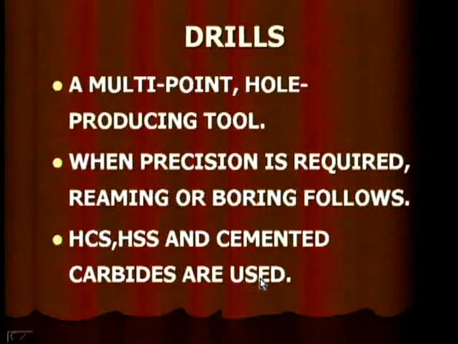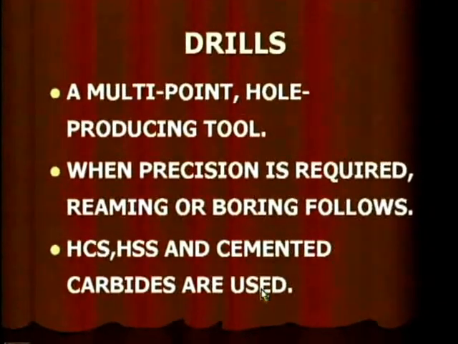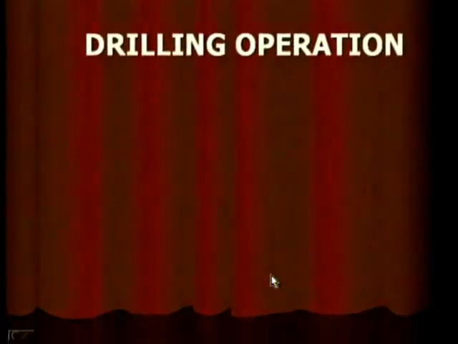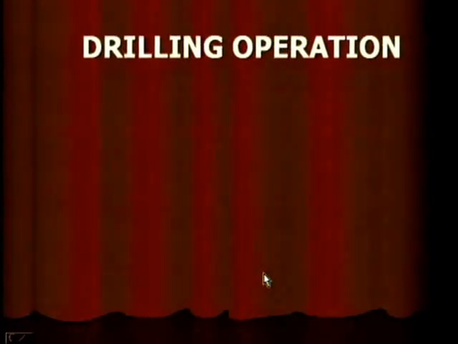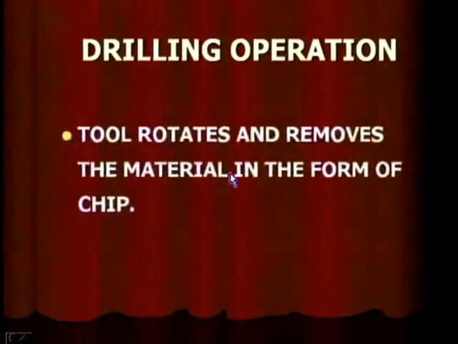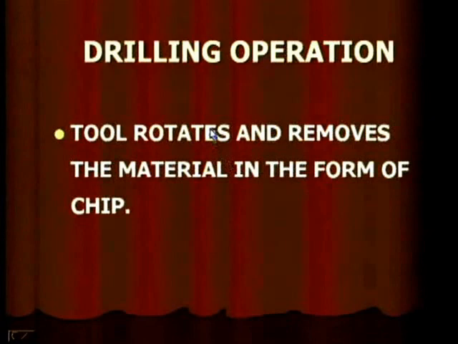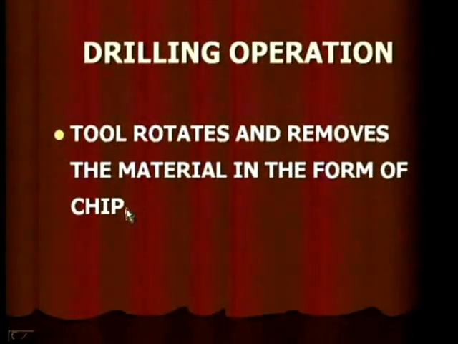The materials generally used for drill bits are high carbon steels, high speed steels and cemented carbides. Now we see what the drilling operation is. In drilling, there is a tool, and the tool rotates and removes the material in the form of chips.